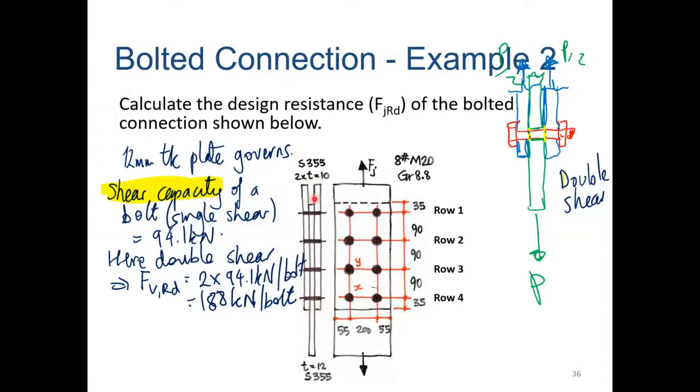In this case, it's the 12mm plate that's going to drive the values for the bearing capacity. So now I put row 1 at the top, row 2 next, row 3 next, and row 4 after that. So the next check that I need to do is the check for bearing.